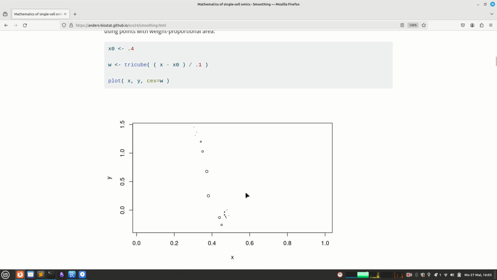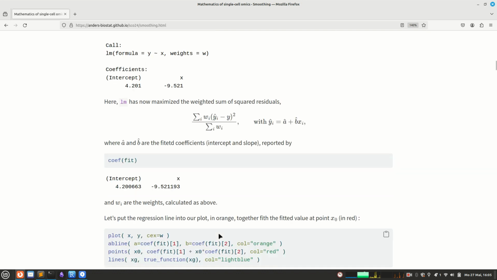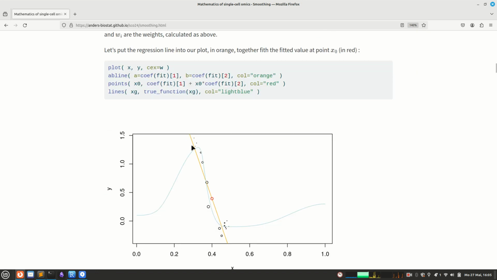First, we said instead of just taking the average, we can also make a linear regression and fit a line into this. And when we fit that line, then instead of simply asking where's the weighted average, we ask where does the line go through our query position. And we fit this line with weighted linear regression.